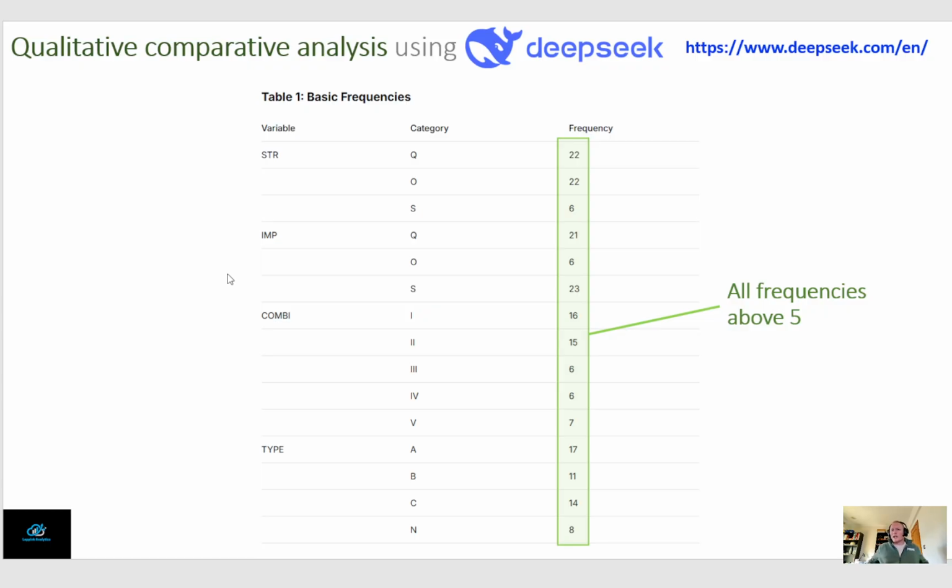But why do I personally use 5 as a lower bound? Different people may prefer different cutoffs, different numbers here. Why do I prefer 5 or more? Because all the consistency and coverage outcomes that we want here are of course based on those frequencies.